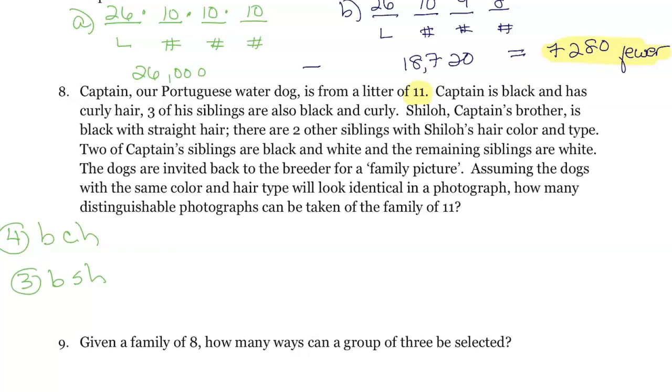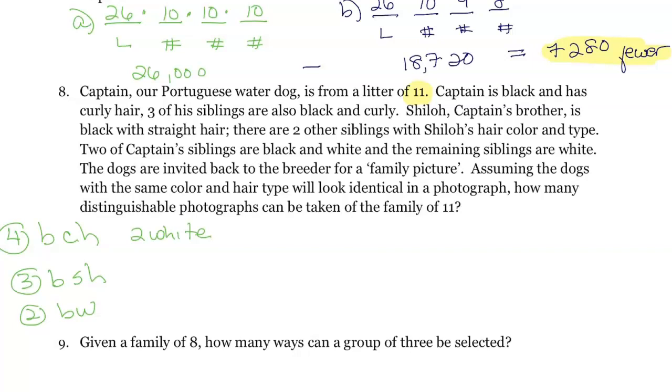2 of Captain's siblings are black and white. So 2 are black and white, and the remaining siblings are white. Okay, how many are remaining? That's 4, 7, 8, 9. So that means we have 2 that are white.